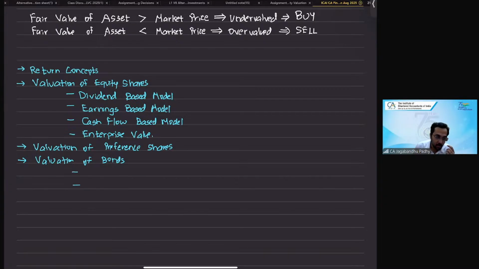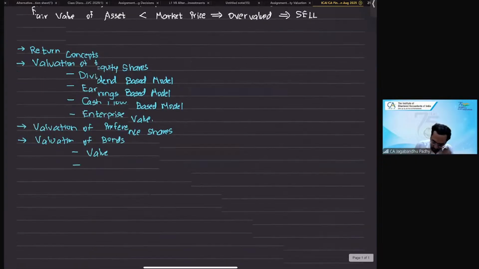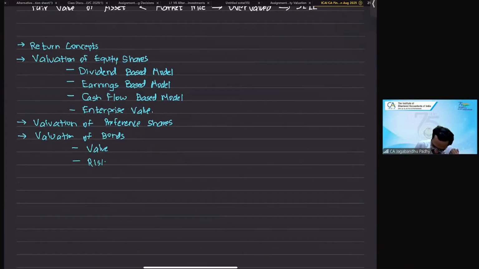One is the calculation of the value of a bond, and the other is understanding the risk in a bond. For the risk in a bond, we'll be discussing something called Macaulay duration and also modified duration. Okay, so this is the typical agenda that we have for this particular topic of security valuation.